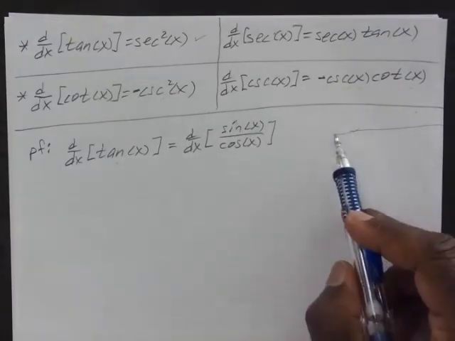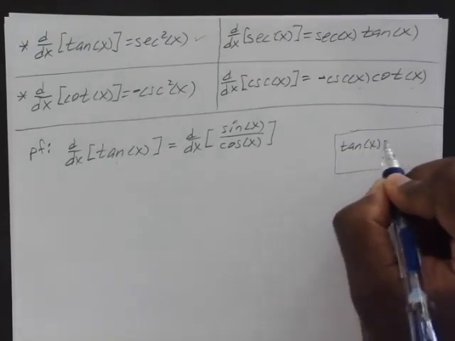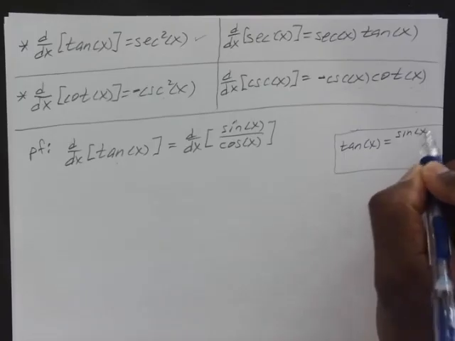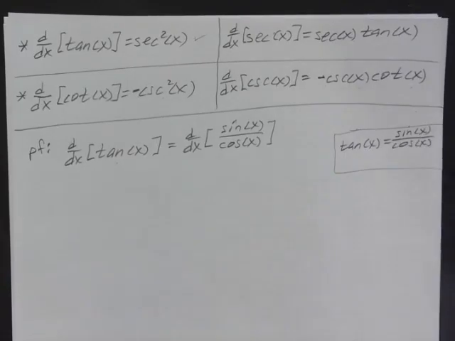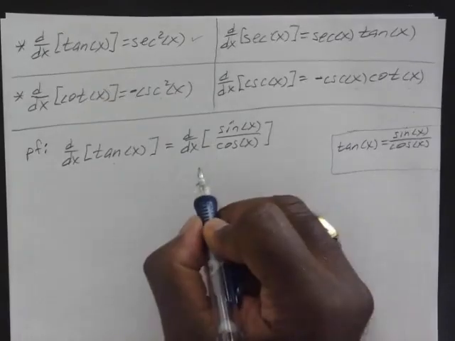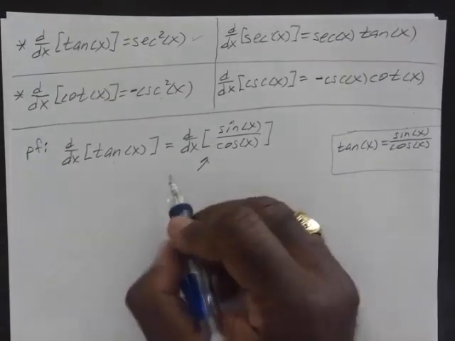A little side note. Tangent of x is equal to sine of x over cosine of x. Okay. Now, since we're finding the derivative of a quotient, we can just use the quotient rule.